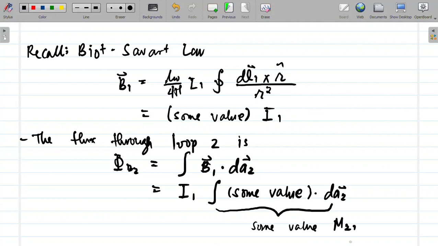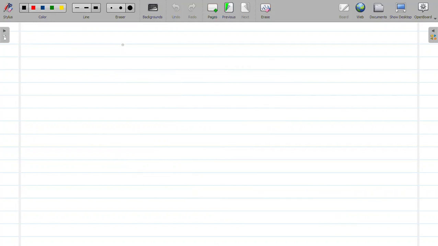Bakit M21? Mamaya. So at ng ating magnetic flux, phi B2 can be written as M21 times I1, where M21 is called the mutual inductance.